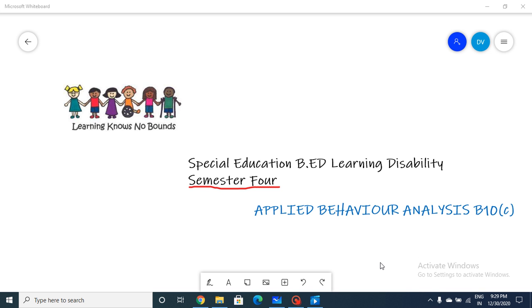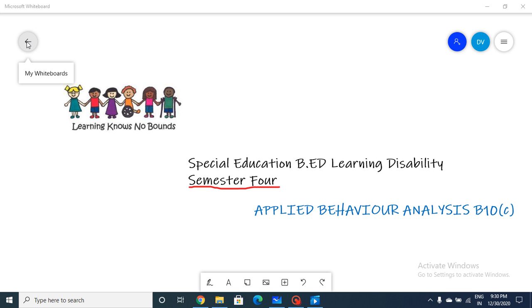We are discussing here the learning disability course, special education in B.Ed paper, applied behavior analysis. Before we start, we need to know what applied behavior analysis is.